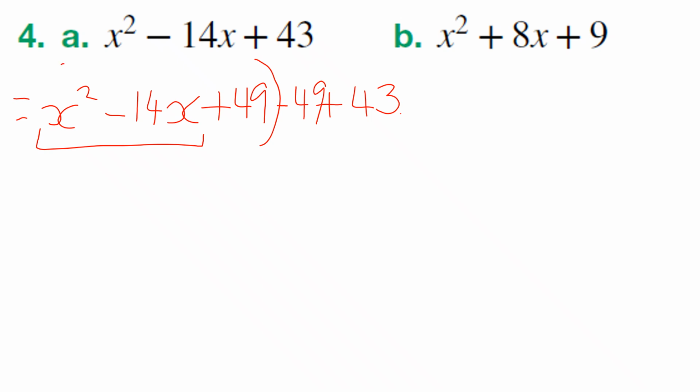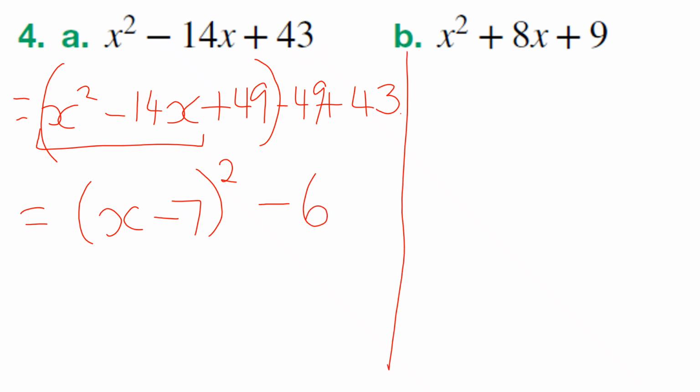And then this part here is going to form a perfect square. X minus 7 all squared. And we're going to be left with negative 49 plus 43. So that would be minus 6.